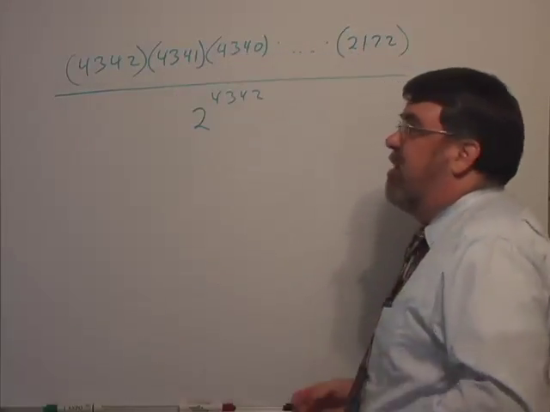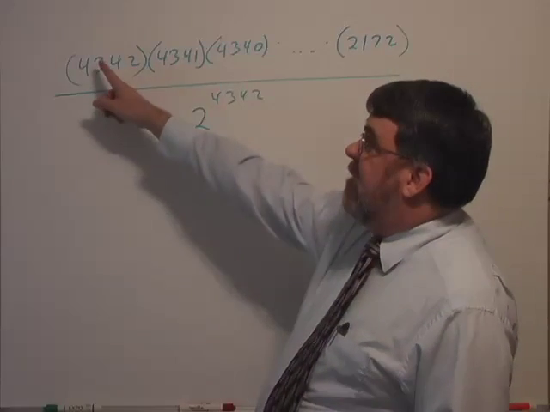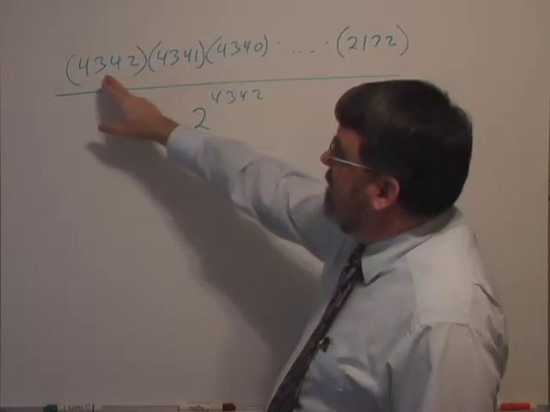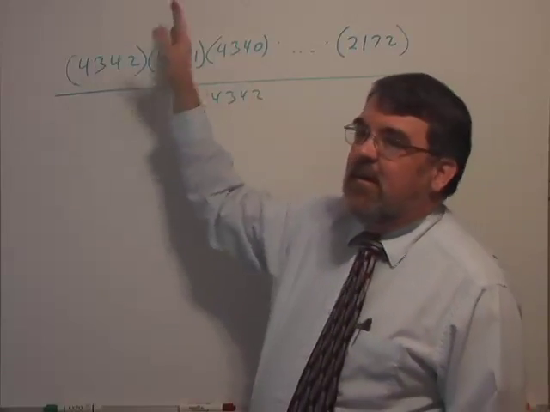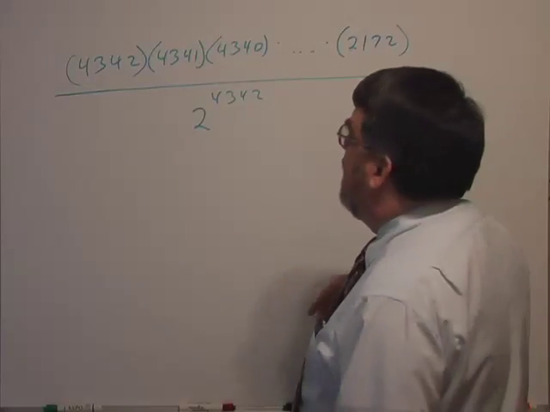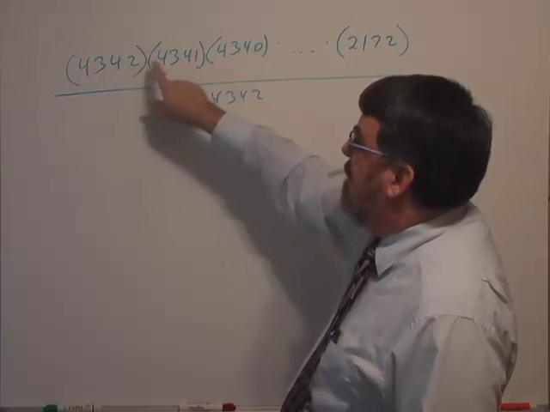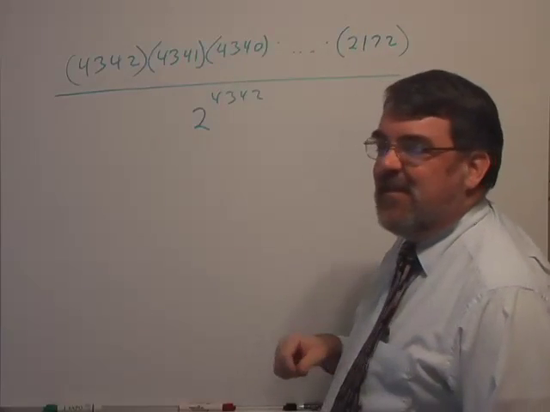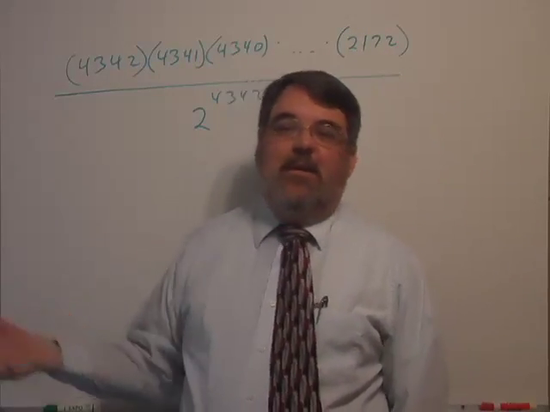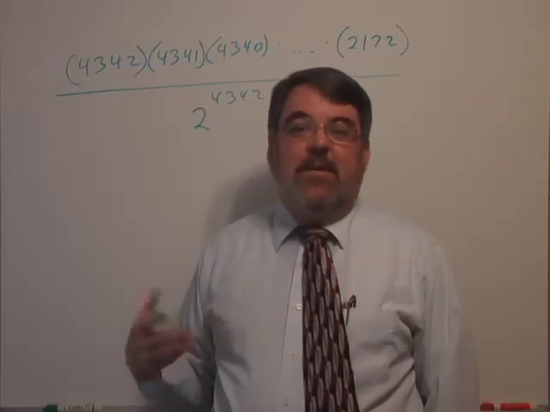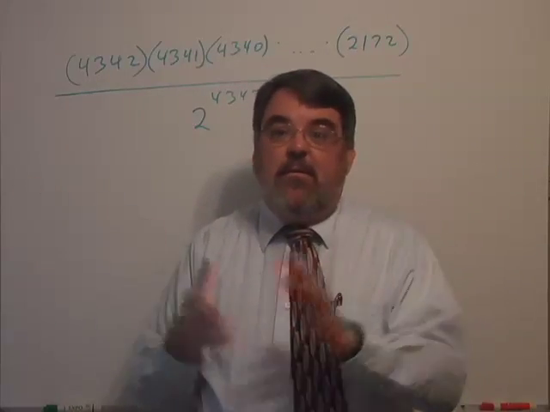And what would you do? You would look at the logarithm of this product, which would be a sum of logarithms. So I programmed my calculator to add up the logarithms of all these numbers, and then I translated that and got an estimate of how big that number is, and it's very large.